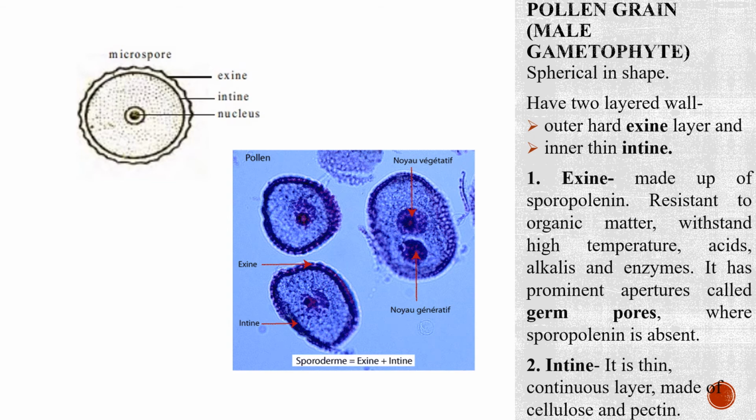The outer layer or the exine may be smooth or pitted or reticulate or spiny based on the different types of pollen grains that are found in different flowers. The inner layer is called the intine, which is made up of cellulose and pectin.